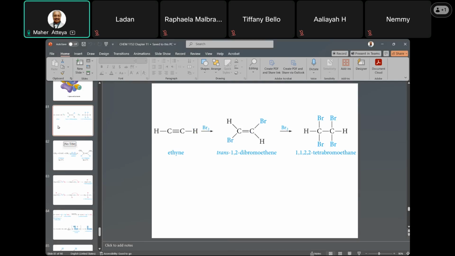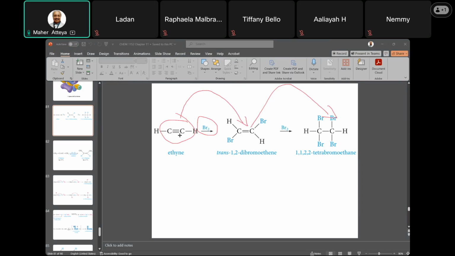The triple bond will open up, yes, but it has to open up through the double bond. We have triple bond, double bond, and single bond. So you have to go first from the triple bond to the double bond, and then from the double bond you get the single bond. This is addition of the bromine.